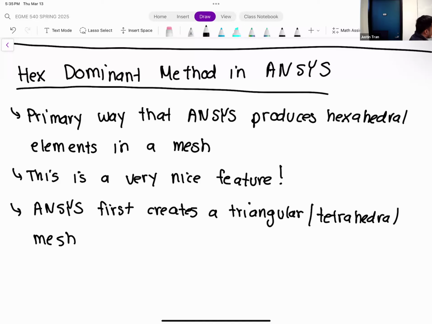Then after producing the tetrahedral mesh, ANSYS will then try to smartly combine certain tetrahedrons together to form a hexahedron.